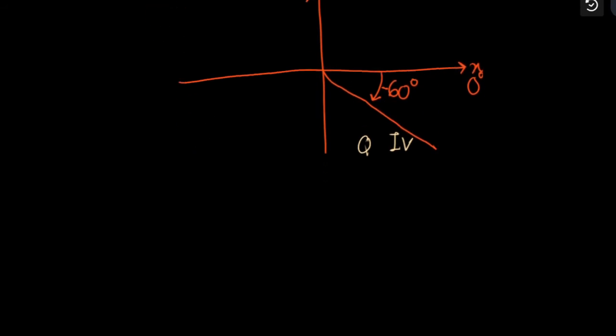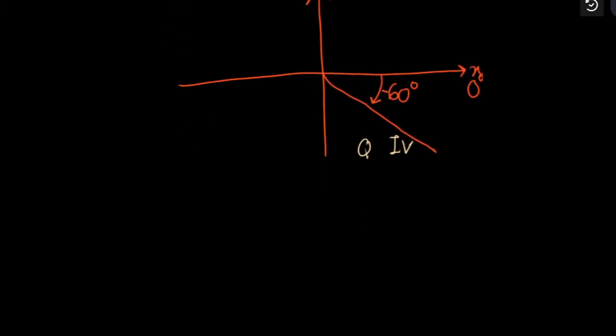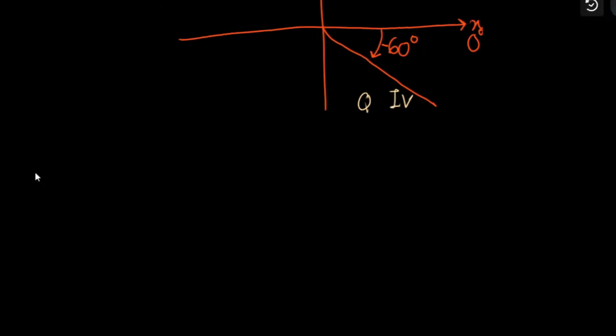Now we can move to something more important. Sometimes, just be careful, the question might give you angles this way. Let's say they ask you to draw 15 over 4 pi. How will we draw 15 over 4 pi? What will be the method?